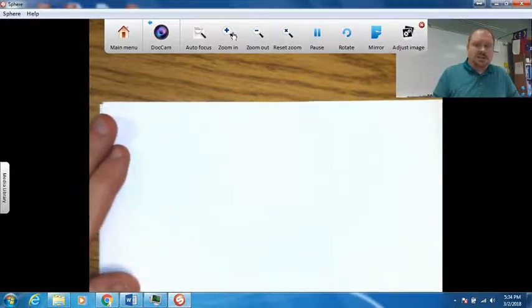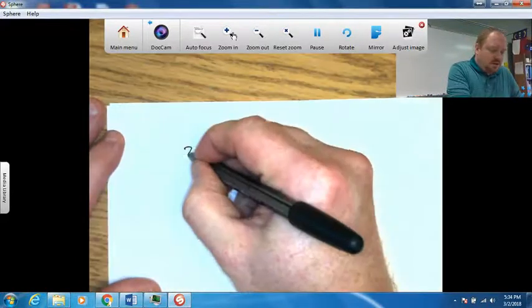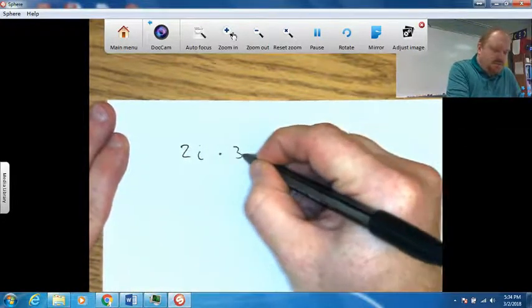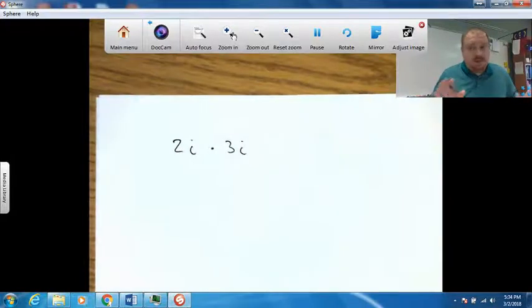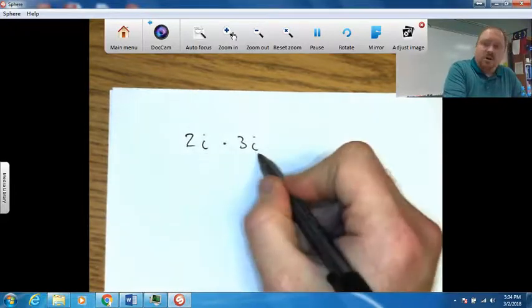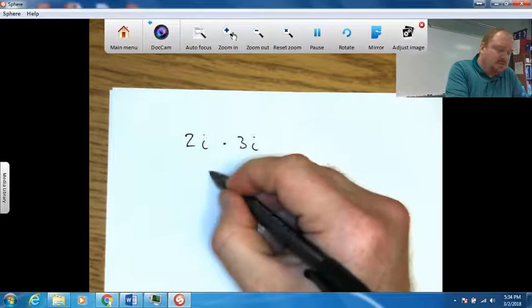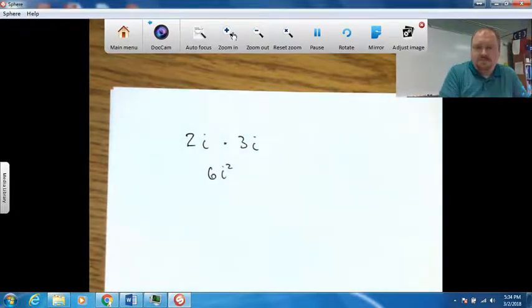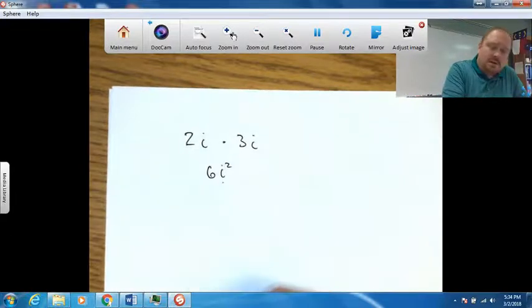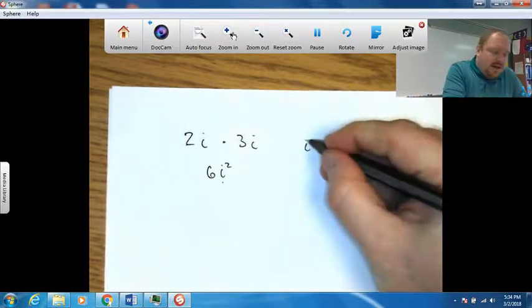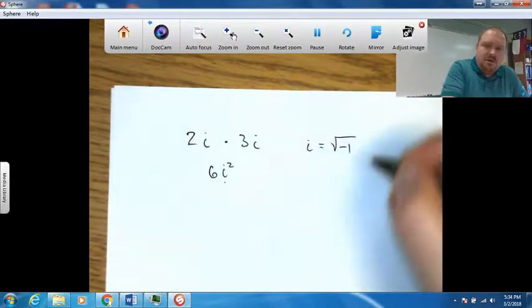So let's just say I have 2i times 3i. I'm keeping it really simple to start with. I'm just going to multiply the coefficients together because i works kind of like a variable to start with. So 2 times 3 is 6. Then i times i is i squared. No big deal. But when I square i, remember, i equals the square root of negative 1.